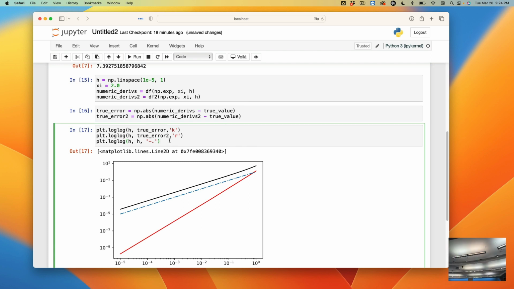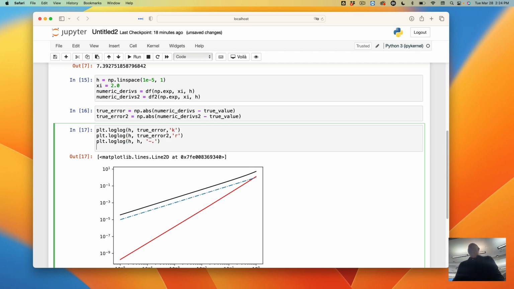So now, this red line corresponds to how the error changes as we change h for the central approximation. And it has a slope of 2. To verify that, you also plot a curve that has a slope of 2. So you can plot h and h squared, for example.